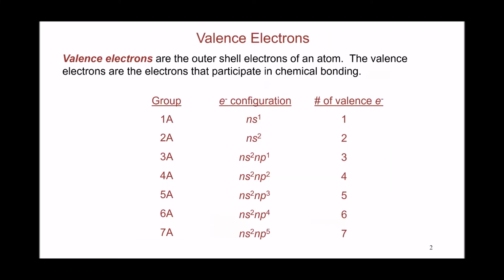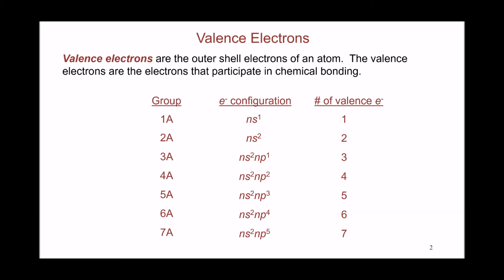As we learned before, explaining bonding or explaining chemical reactions depends on the valence electrons. Chemical reactions will only involve valence electrons. Only valence electrons will participate in chemical reactions. Core electrons will not. And as we learned previously, valence electrons luckily correspond to the group number of the element.